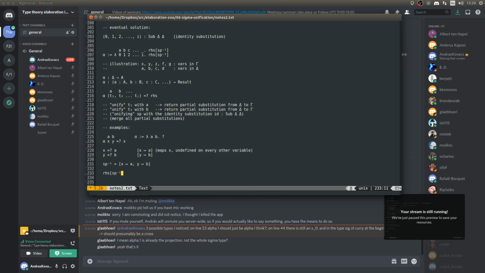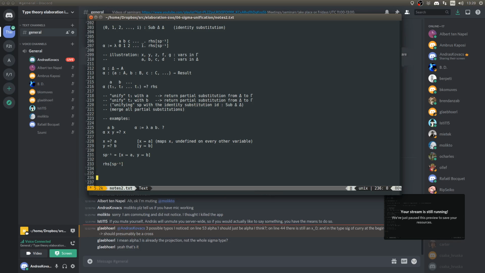So if I substitute the LHS with SP minus 1, then it's x with this substitution, which is just A, so therefore the solution is alpha lambda A B dot A. So this actually doesn't differ from the elaboration zoo implementation in any interesting way.